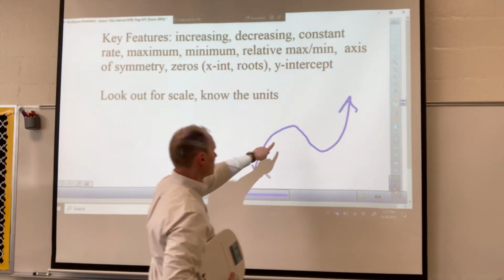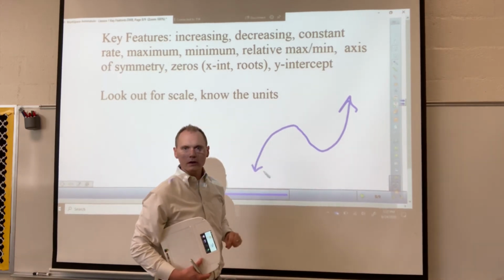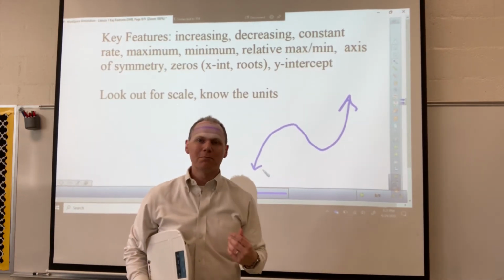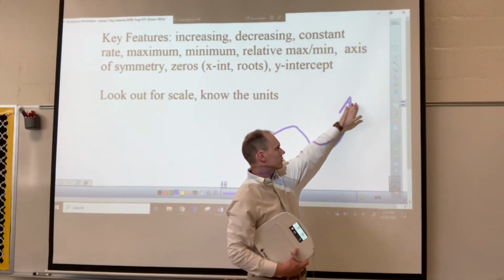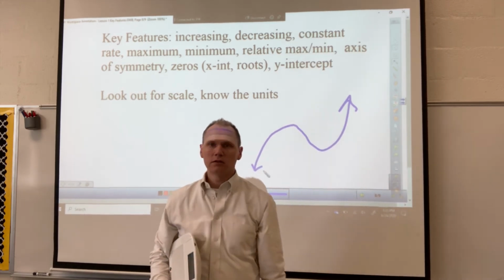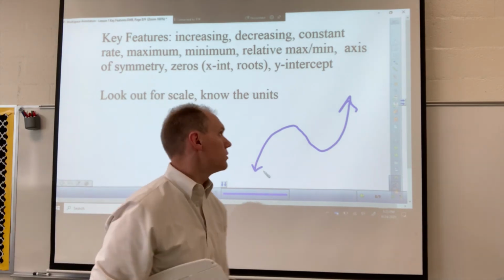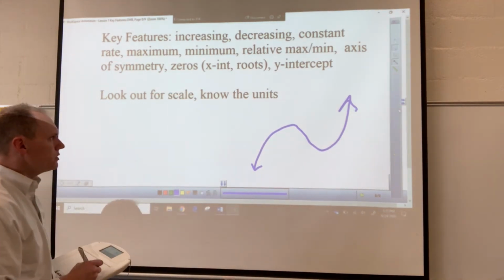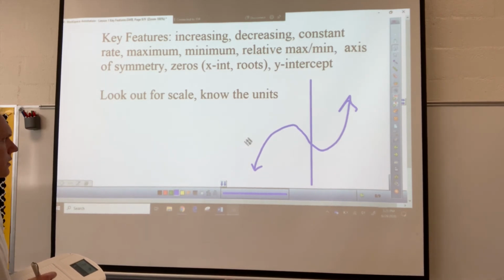Just like this one here, this crest or hill, is called a relative max, because it's not the overall max, since it goes higher than that over here, but in this region, it is the relative max. So those are some keywords there. Let me go ahead and draw a set of axes here so we can develop some other words to make these connections. I'm going to circle these in red.